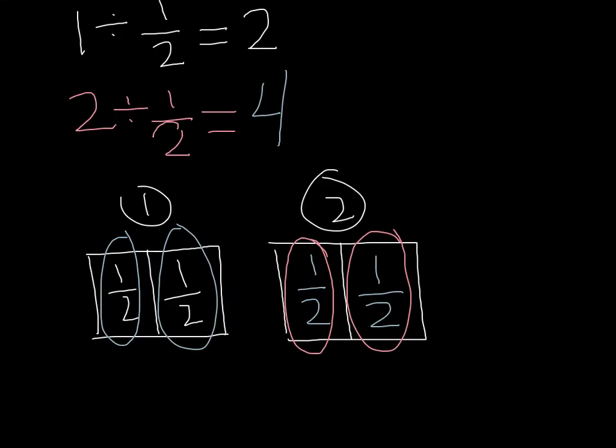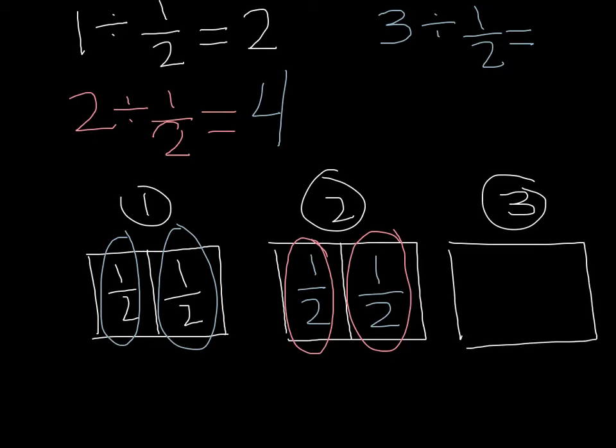So now what you might want to start to notice is if I change this division sentence now to 3 divided by 1/2, we can start to follow a pattern. So I'm going to draw another whole and again cut it into halves and then count how many groups of 1/2 are in that.